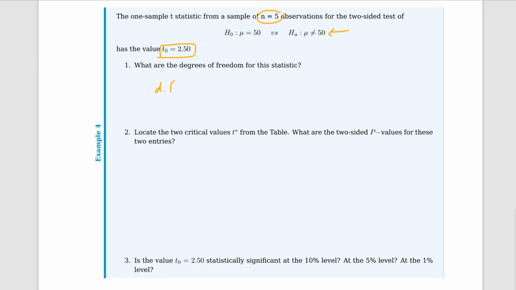Degrees of freedom equals n minus 1, so 5 minus 1, which is 4. Then they are asking to find the two critical values. To find them, what do we need? We need T naught and degrees of freedom. T naught is 2.5, degrees of freedom is 4.